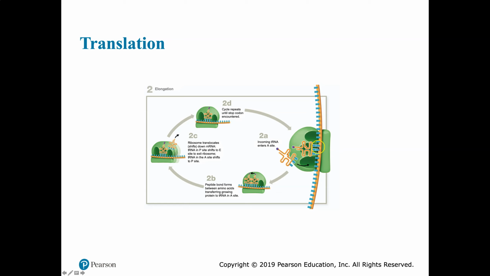So let's say this one right here on the mRNA was AUG. The tRNA has the anticodon, meaning the one that matches it, with the correct amino acid.